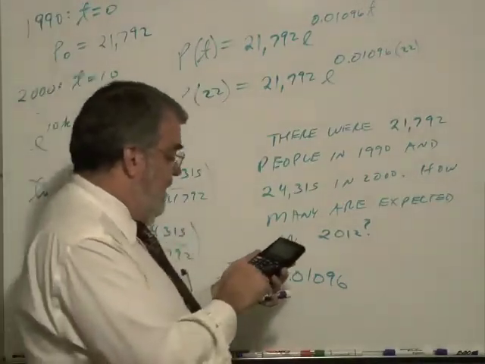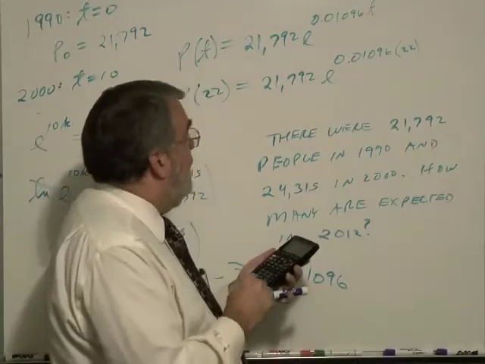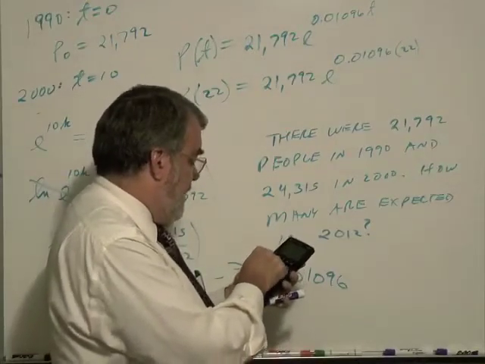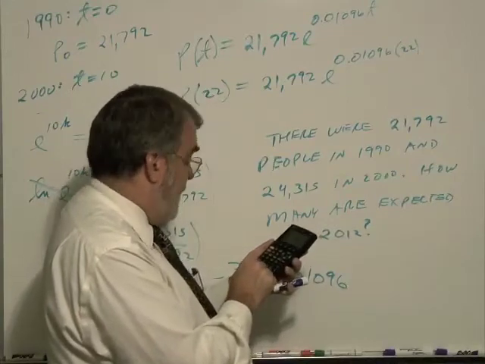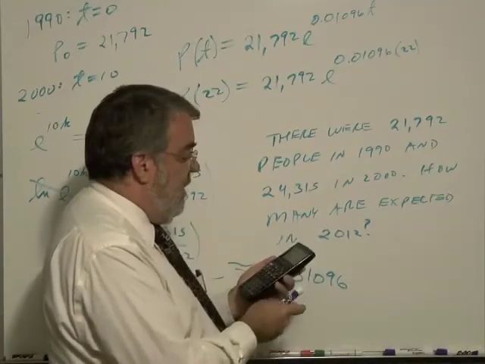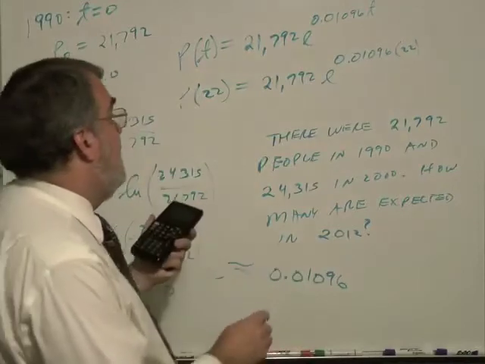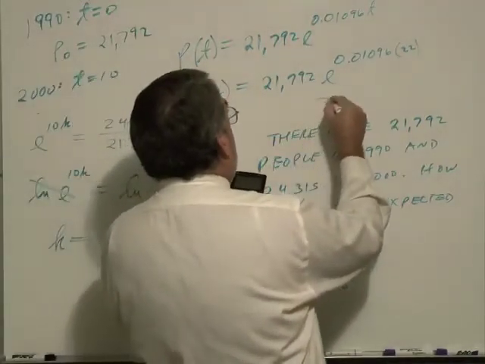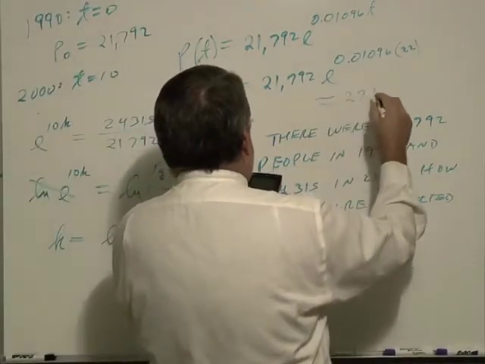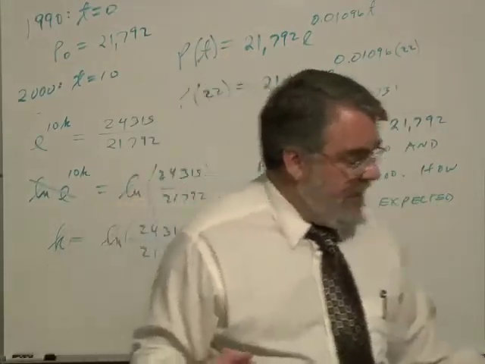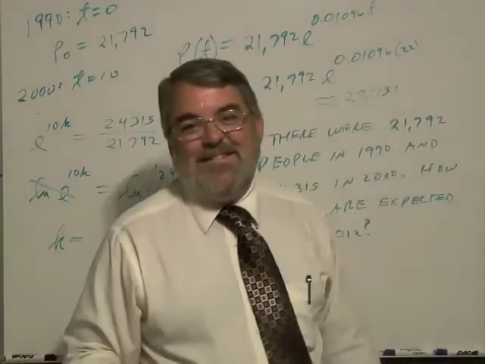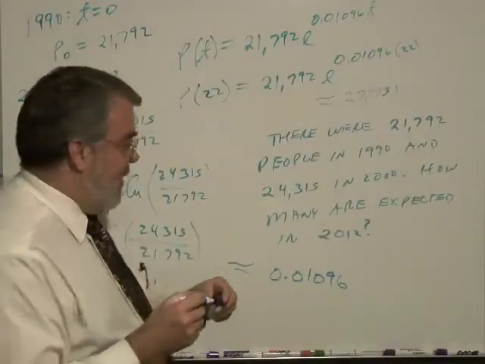I'll multiply that times 22, take e to that power, and then multiply it by 21,792. So I get the most accurate answer I can get. It's approximately 27,731. So that's our projection for the year 2012 for this problem.